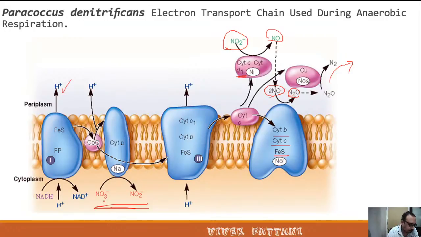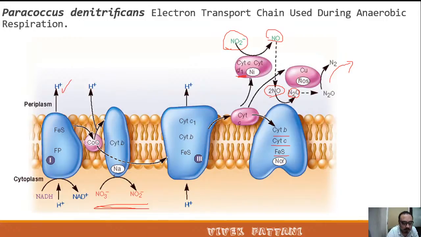At the same time, NO3 will be converted into NO2 minus, nitrates to nitrites, and the electrons will move forward to cytochrome c, and from cytochrome c to the cytochrome cd1 complex, where NO2 minus will be converted into NO.